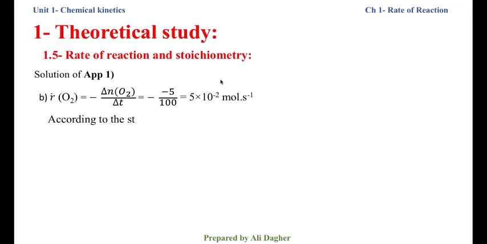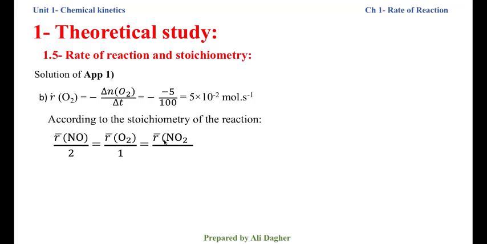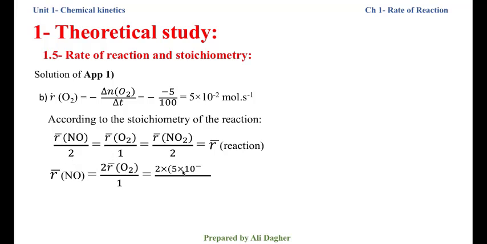Now from the rate of O2, we should deduce the rate of NO. According to the stoichiometry of the reaction, average rate of NO over 2 equals average rate of O2 over 1 equals average rate of NO2 over 2 equals average rate of the reaction. Average rate of NO equals 2 times average rate of O2 over 1, equals 2 times 5 times 10 to the power minus 2, equals 0.1 mole per second.